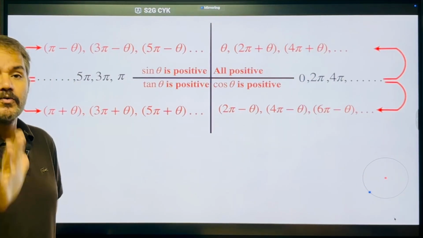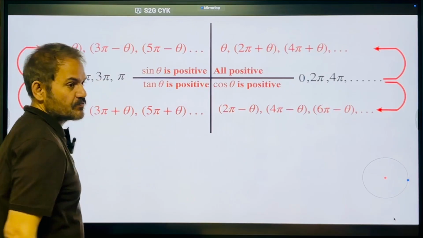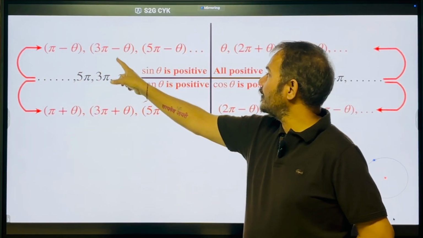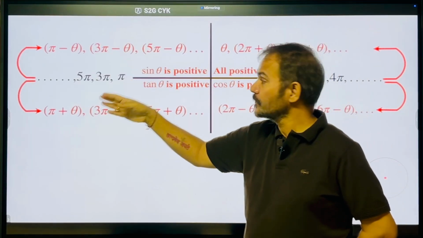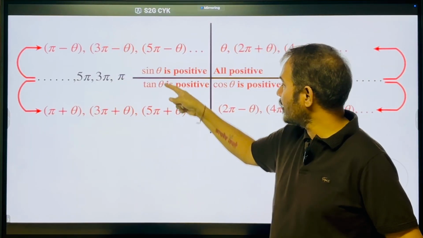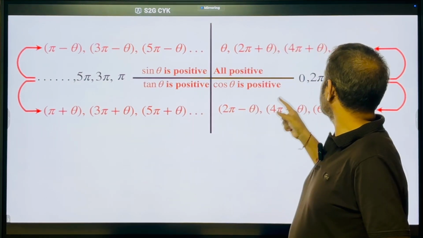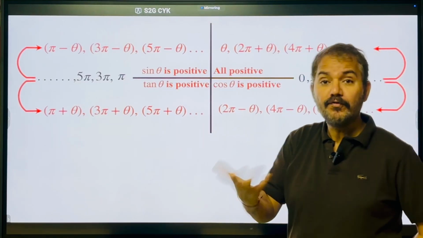So the first thing to remember is, if your angle is made in the second quadrant, it has to take this form: pi minus theta, 3 pi minus theta, 5 pi minus theta, and so on. If your angle is formed in the third quadrant, it has to be pi plus, 3 pi plus. Fourth quadrant, 2 pi minus, 4 pi minus, and so on.